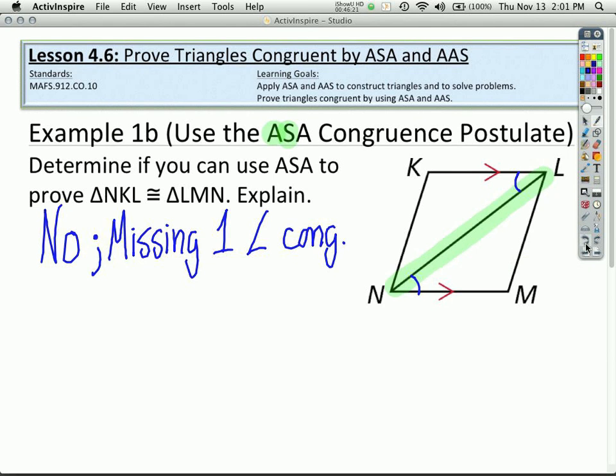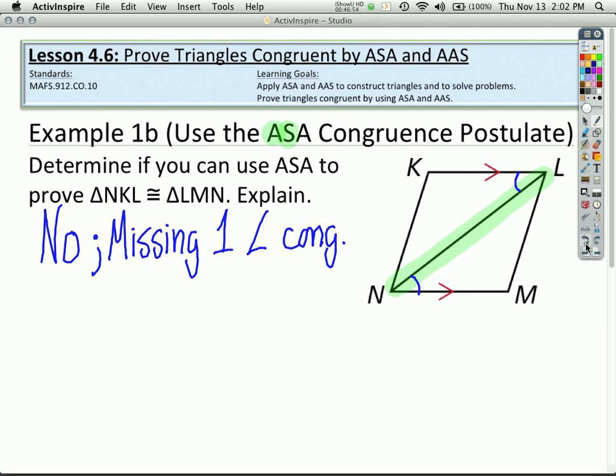Consecutive interior? Yeah, I don't know if we can prove that absolutely to be true. That's my question. I totally get what you're saying. I just don't know if we can actually prove it. Okay? So we'll come back to it, but initially I would say no, you can't.